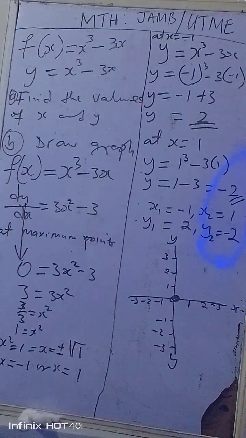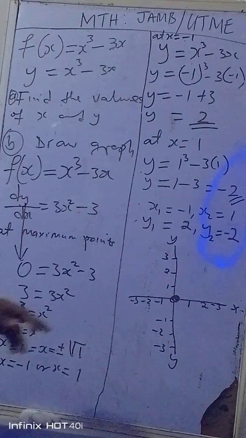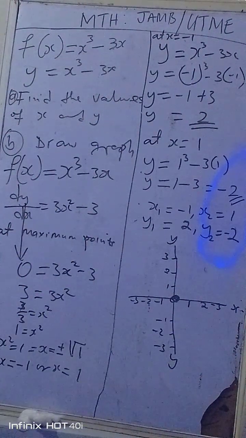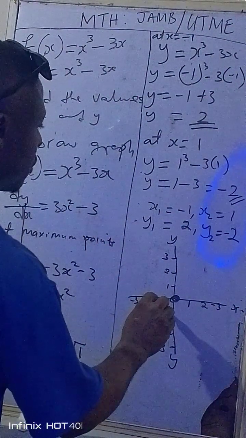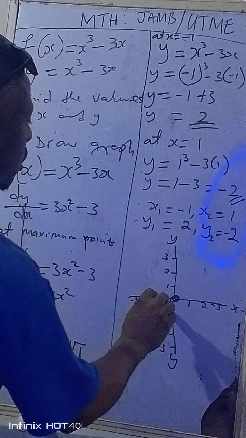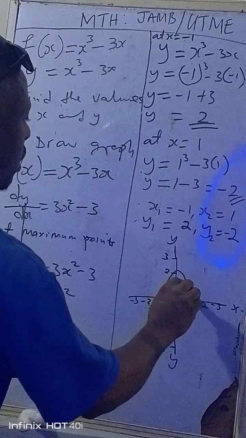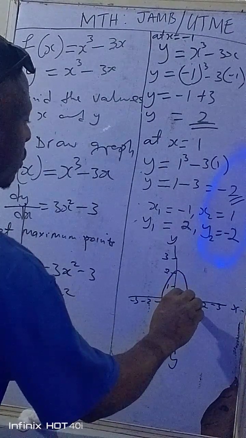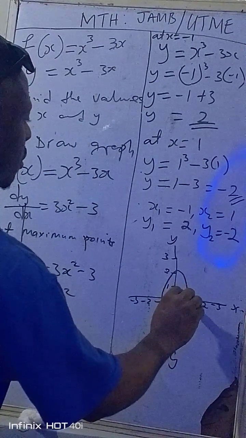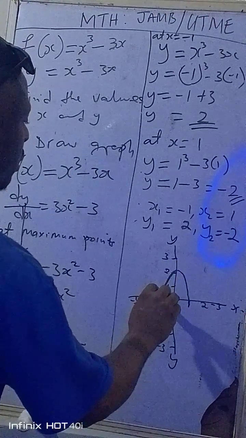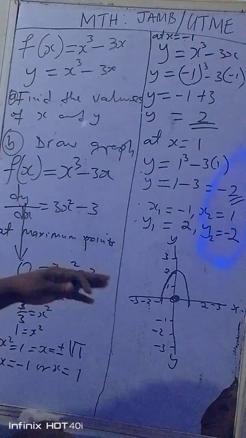So remember that at x is equal to minus 1, we had x to be minus 1 and plus 1, and y was equal to 2. So we can simply take our graph to look like this. Did you get that? So this is the maximum point.